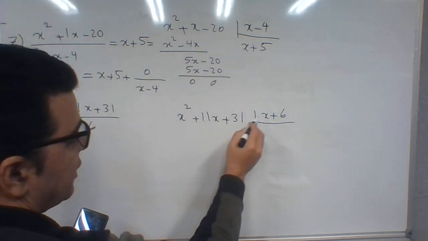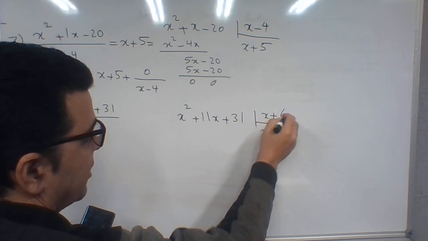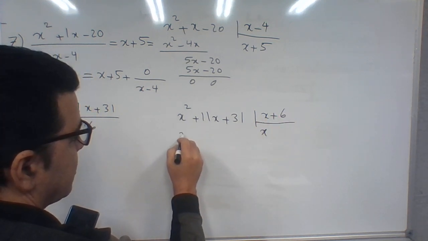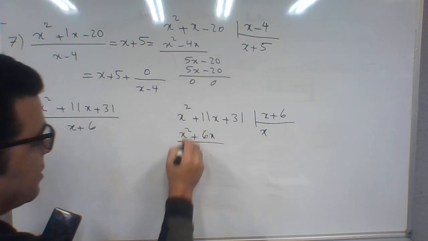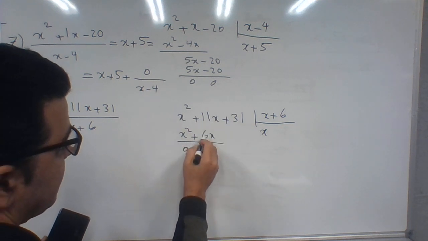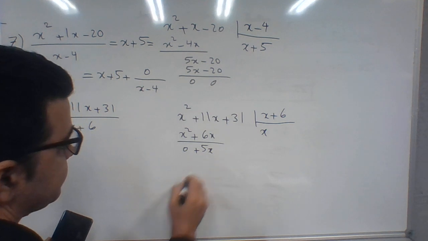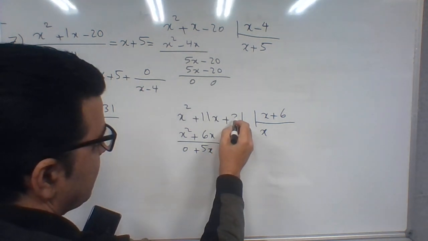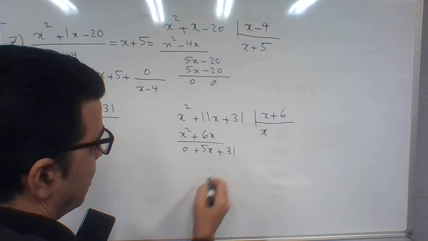So x² divided by x is x. Now multiply x by x plus 6. So we get x² plus 6x. And then subtract, x² minus x², 0. 11x minus 6x is plus 5x. And then also transfer 31 to the second line.